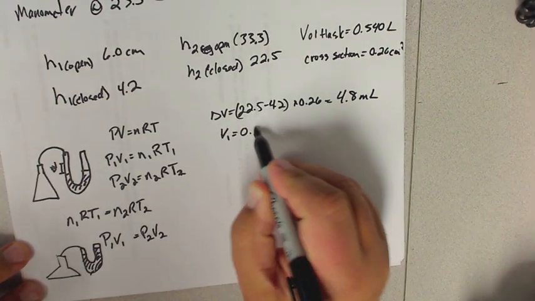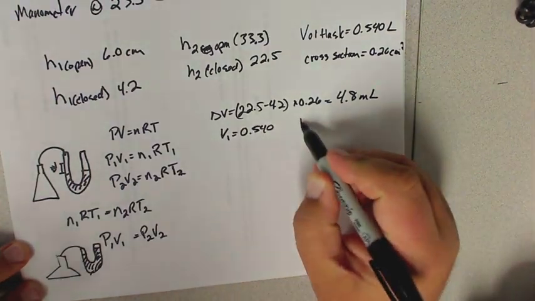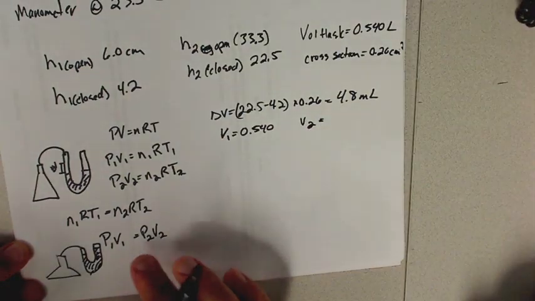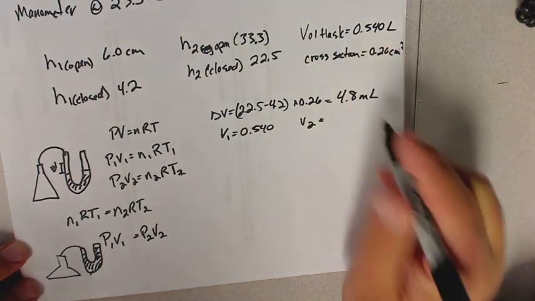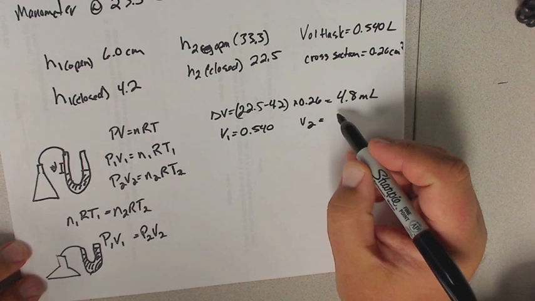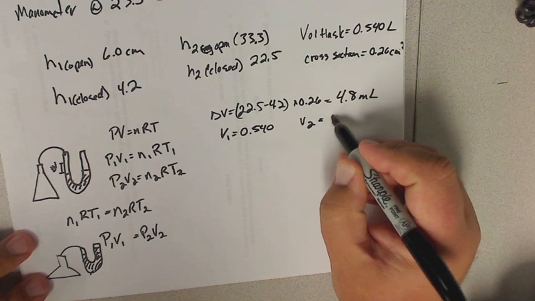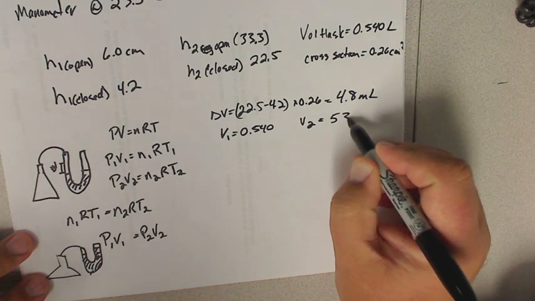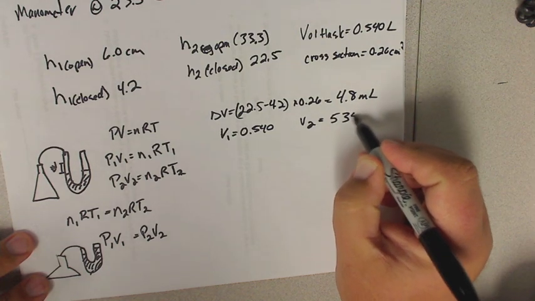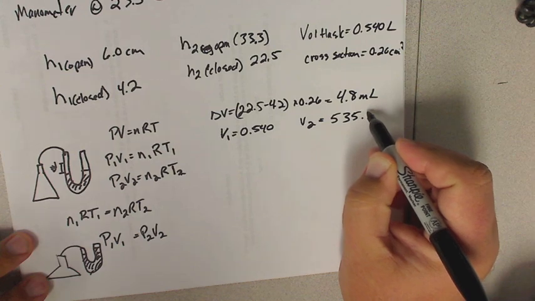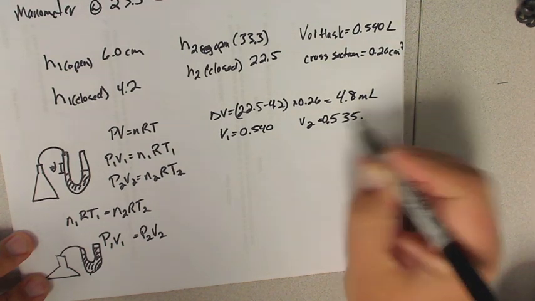So now V1 equals 0.540, and V2 equals V1 minus this difference, so 0.5352. Sorry, it's in decimals.